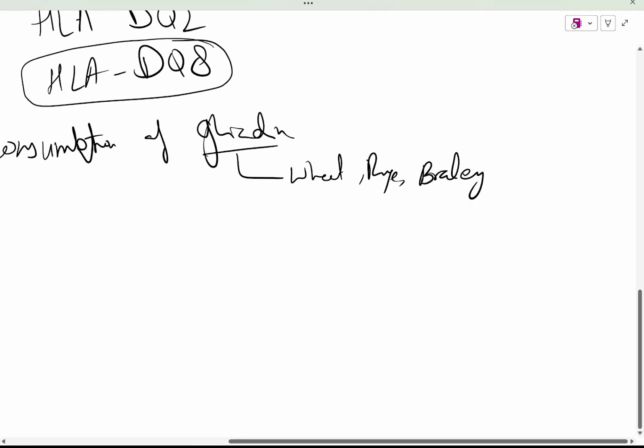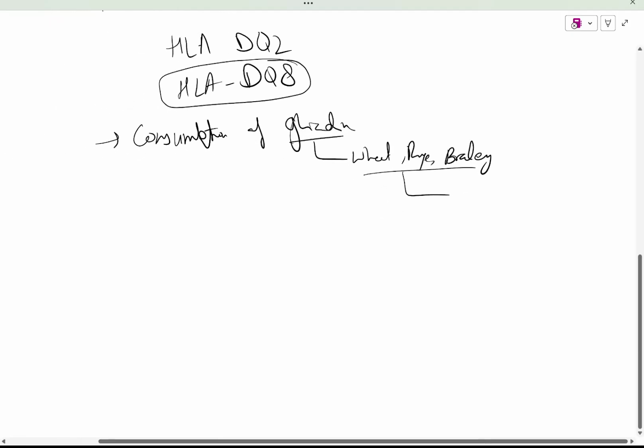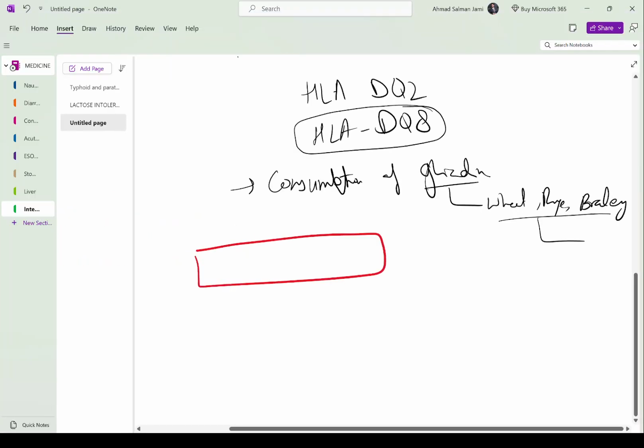Consumption of these products leads to an autoimmune reaction within the small intestinal wall. So what is the pathophysiology? What will happen when you consume such products?